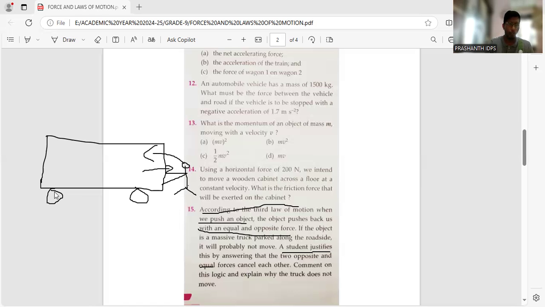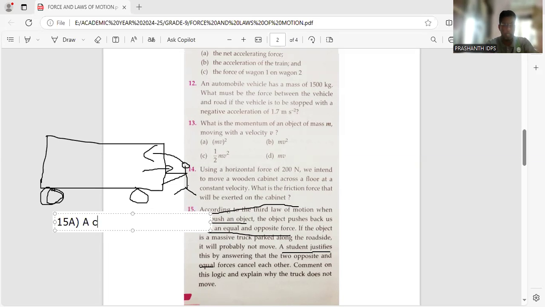We should also consider the tires, since friction force acts between the truck tire and the road. So I'm writing the answer here. This is the 15th answer.